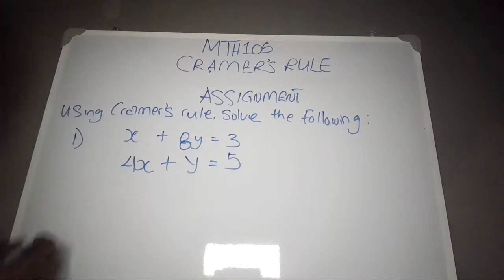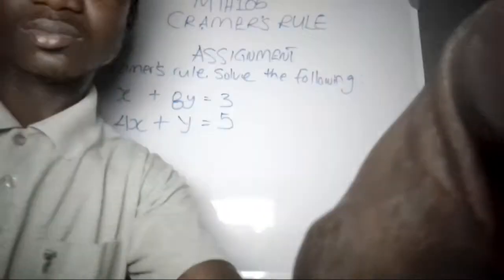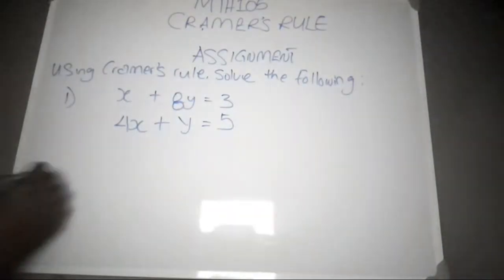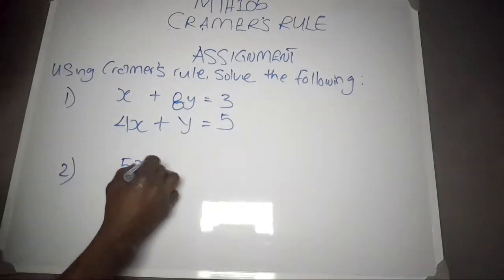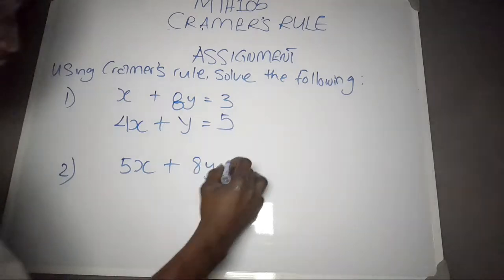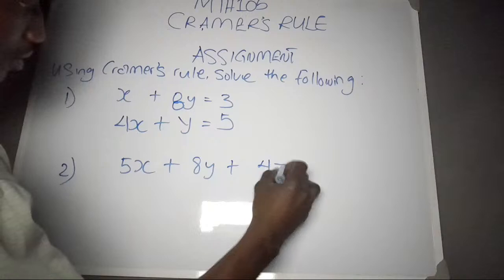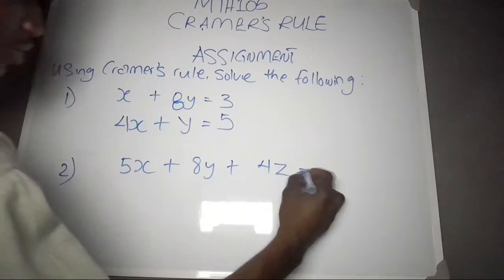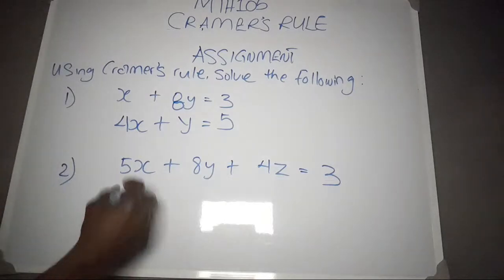Then we have number 2. We have 5x plus 8y plus 4z equals 3.